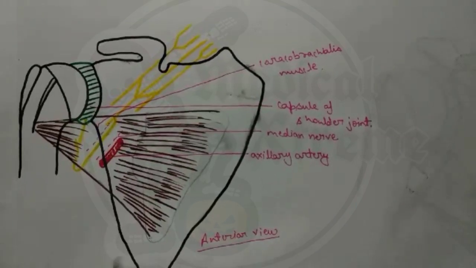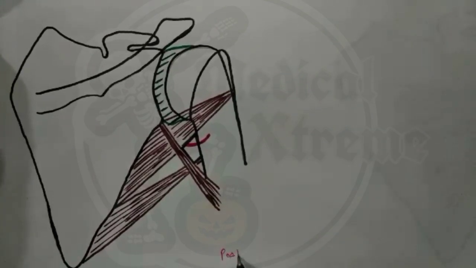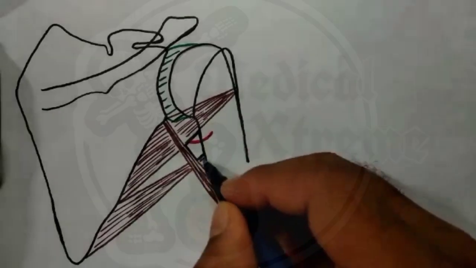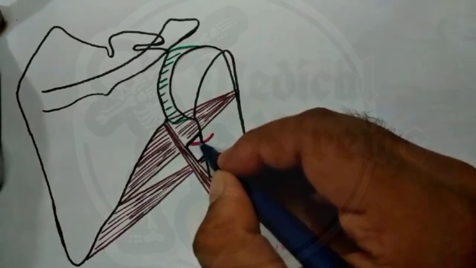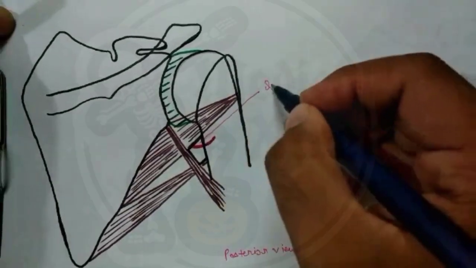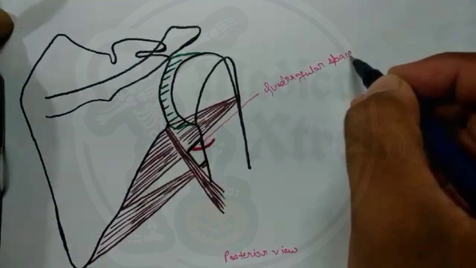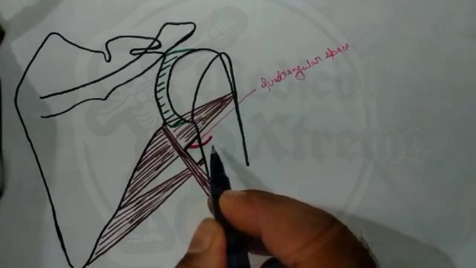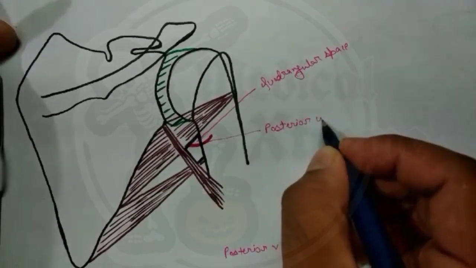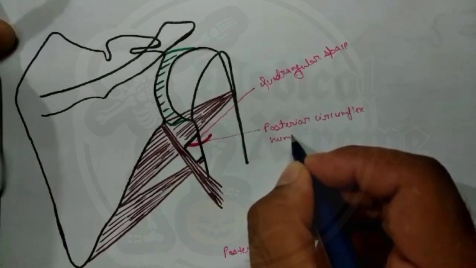Now we will see its posterior view. This is our posterior view. The space which is shown here is quadrangular space. This is posterior circumflex humeral artery.